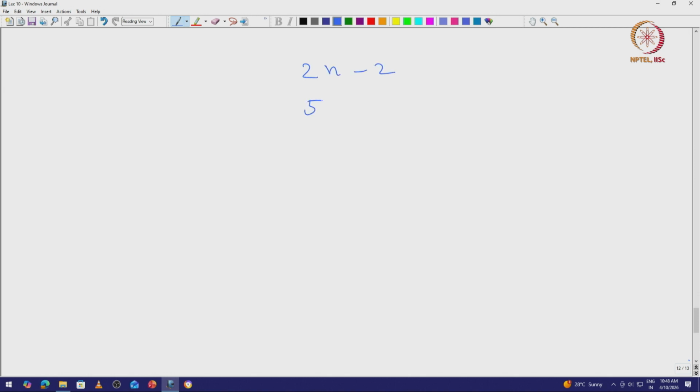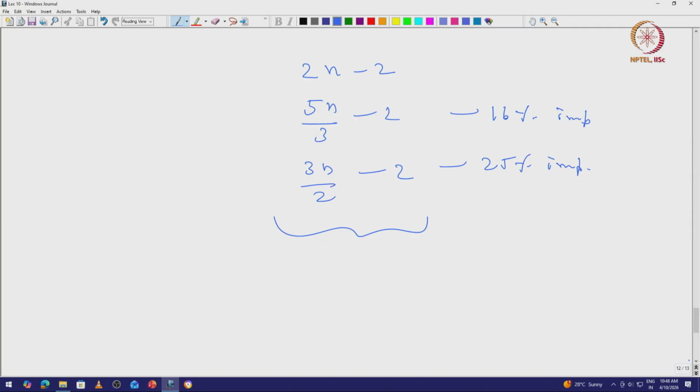The next algorithm has got 5n by 3 minus 2, and further improvement has 3n by 2 minus 2. This is 16% improvement, this is 25% improvement. So, by cleverly splitting you get additional mileage.